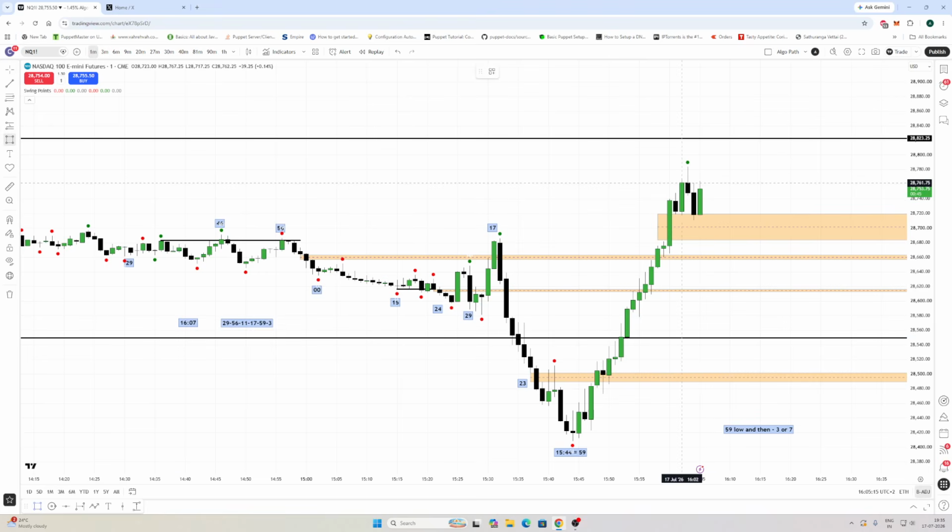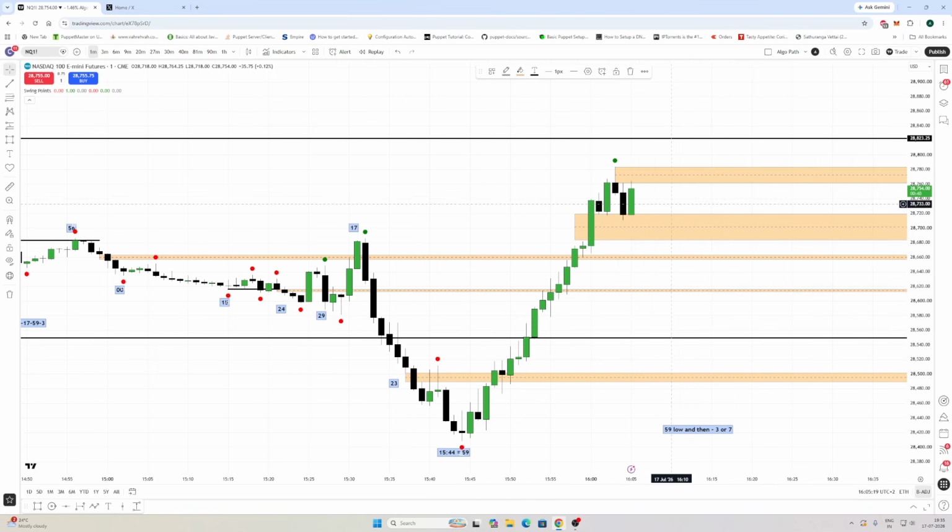So this 3, whenever 3 rejects with a wick, this rejection block is pretty strong because in Hopi's PD arrays, rejection block has the number 3.